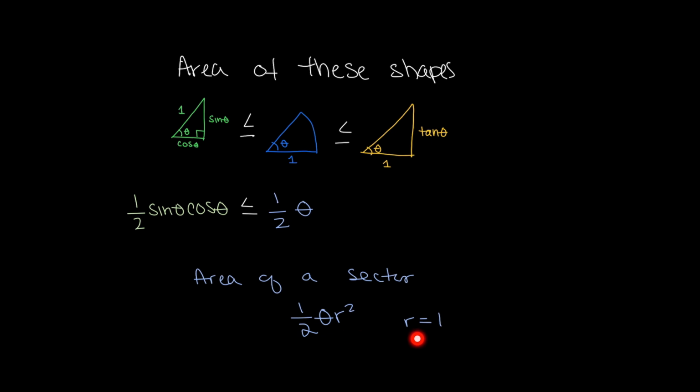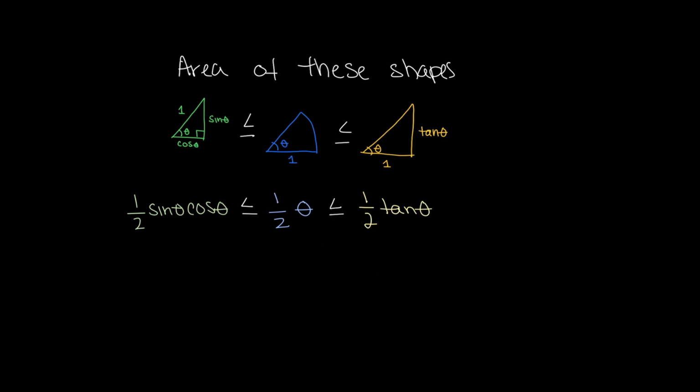R is 1, so plugging that in, the area of this sector has to be 1/2 times theta. And then finally, the area of the yellow triangle, that would be 1/2 base times height, so 1/2 tangent theta. So I have the following inequality: 1/2 sine theta cosine theta is less than or equal to 1/2 theta, which is less than or equal to 1/2 tangent theta.